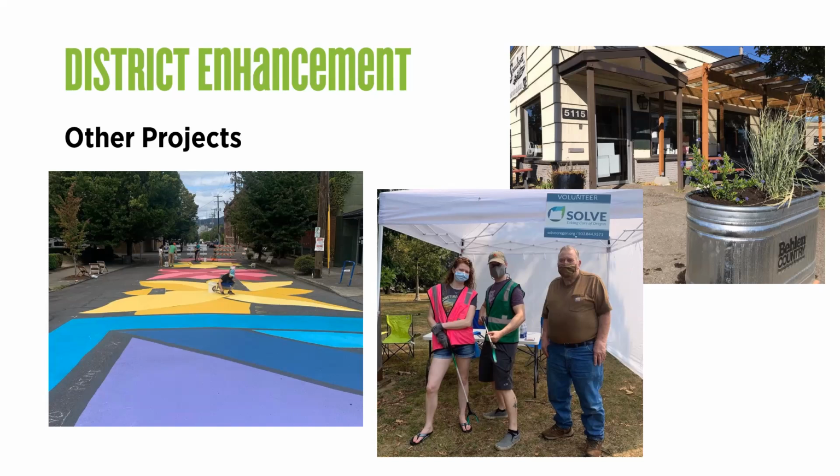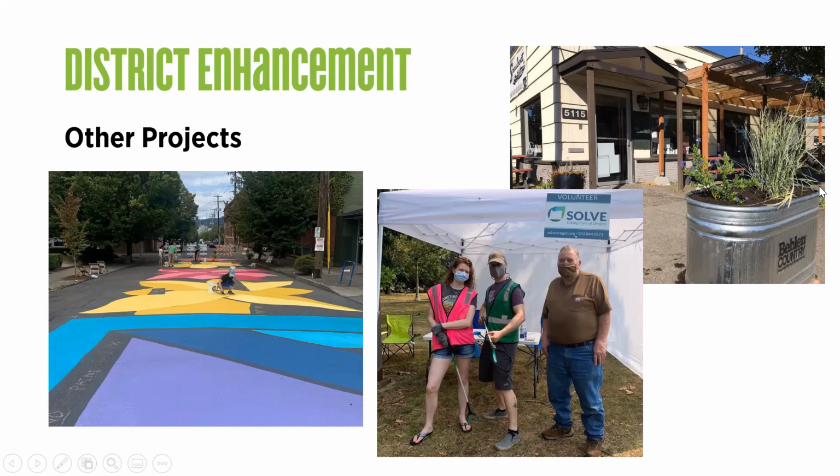And then finally, that photo there on the right, that's from the Foster Area District. They used a district enhancement grant to purchase planters. So these are actually big feed bins, stock tubs, I think they're called.